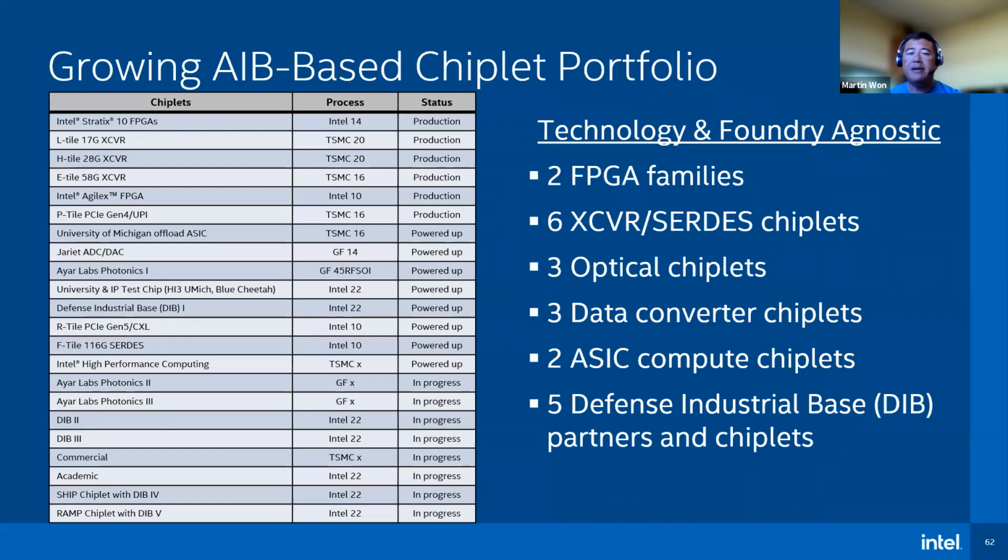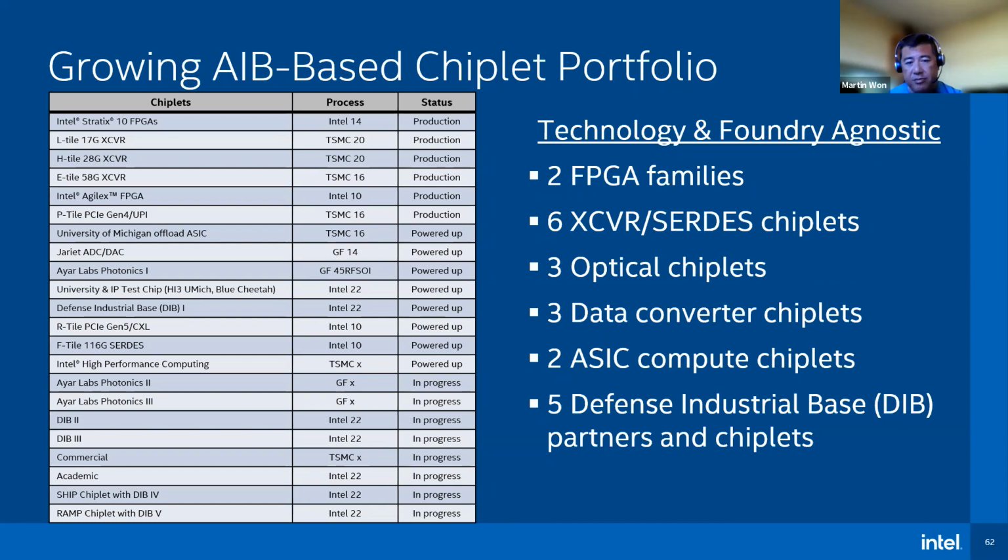Next slide. So by now you can see that the chiplets that are available to us really broaden the functionality that we can offer in our FPGAs. Here's a list of the AIB-based chiplets, including many of the chiplets we've just discussed. And you can see a broad range of functionality. On the left-hand side, under chiplets, lots of different function names.